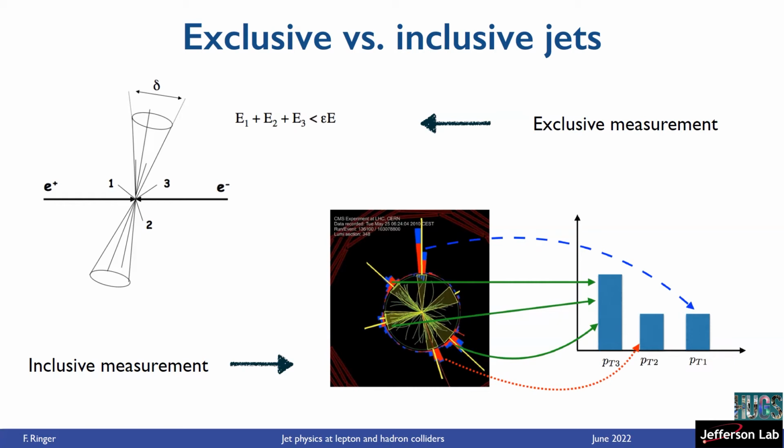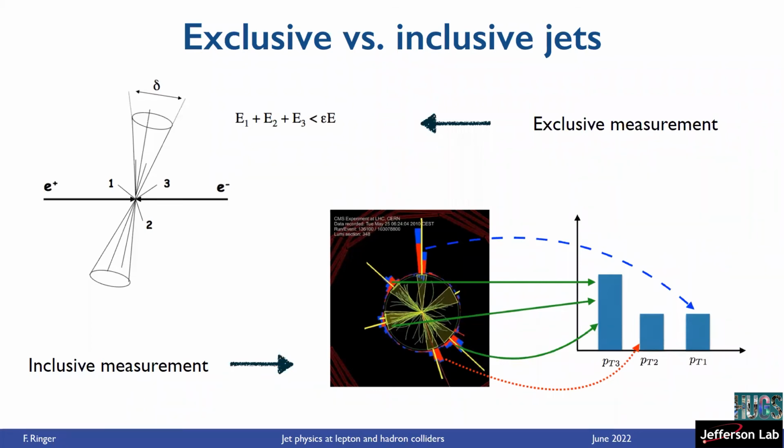And that's of course very different. I don't throw out any event, and I don't enforce any topology on what the global event should look like. I just take all the events, and I take all the jets that I find in any event. That's very similar to the way you typically do hadron measurements.